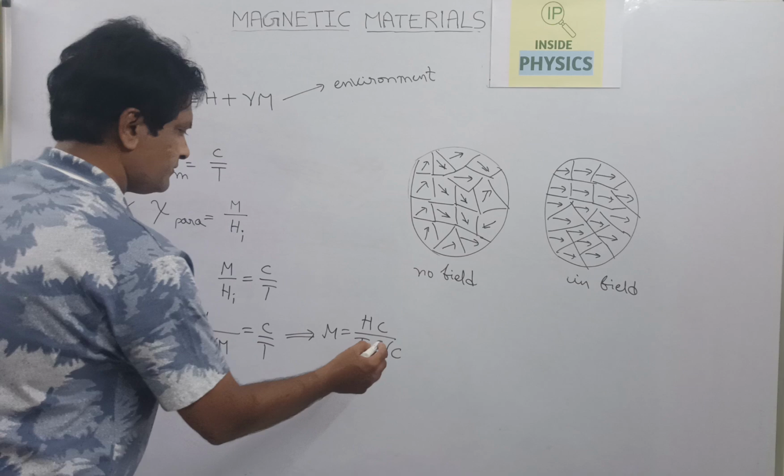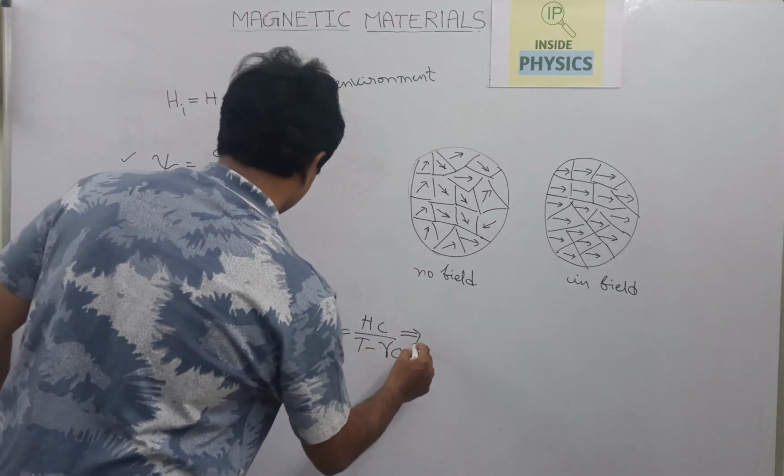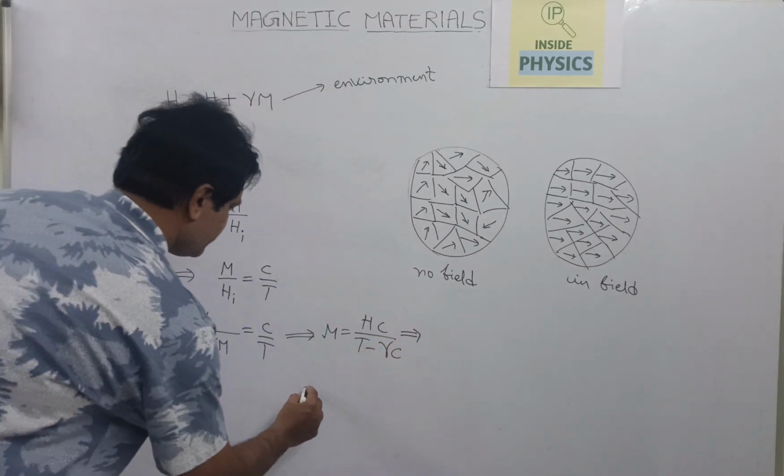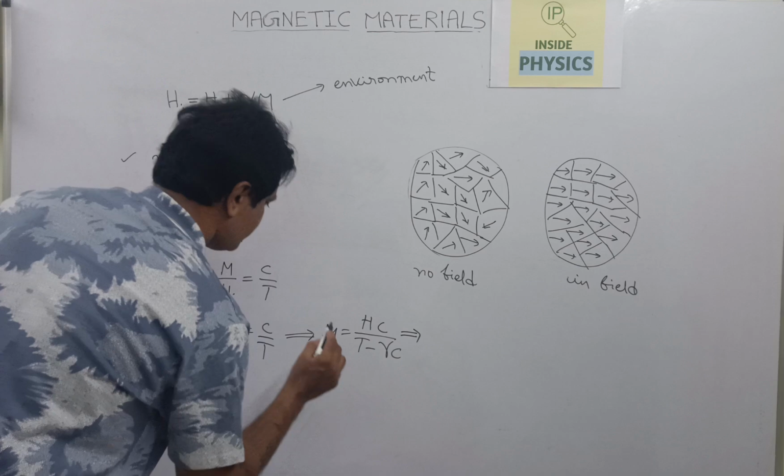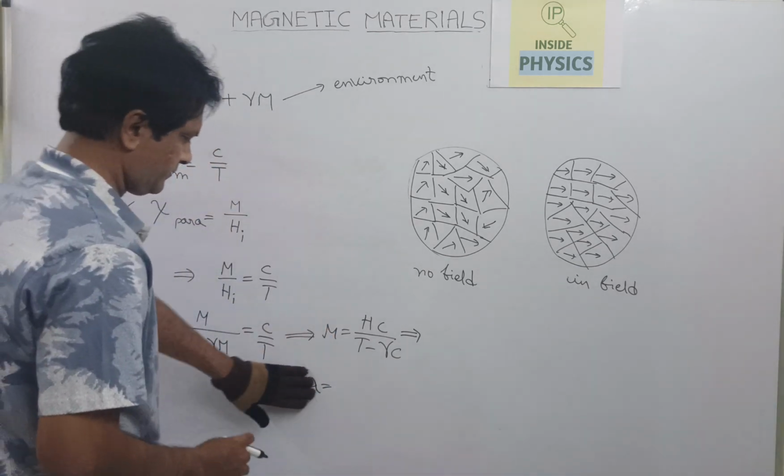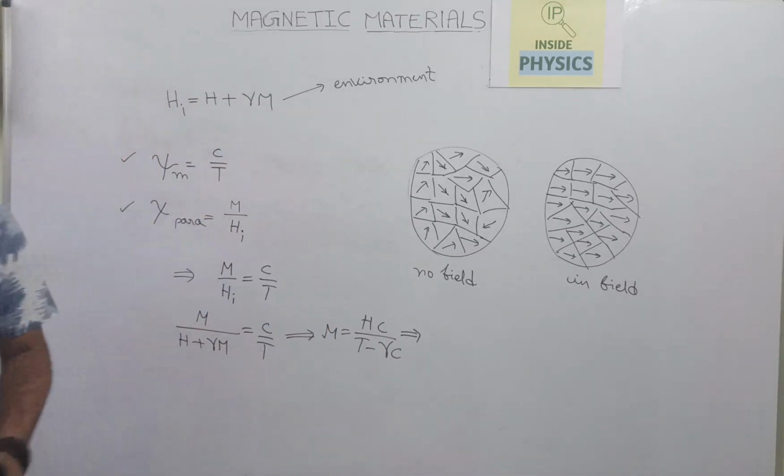Susceptibility chi is always given by C by (T minus gamma C).